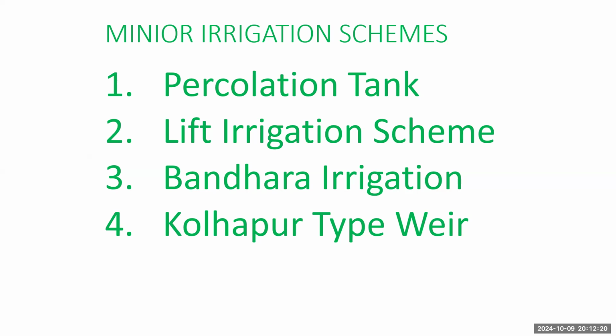So a descriptive question may be there. So you have to prepare these four questions. Out of these four, at least two questions are always asked in the final examination.